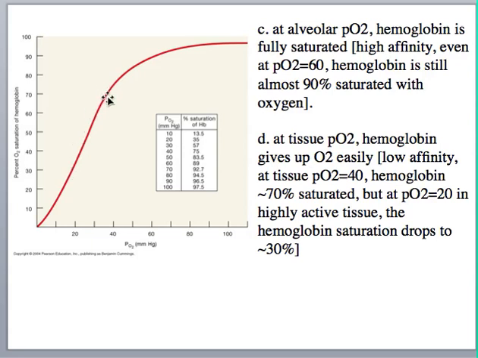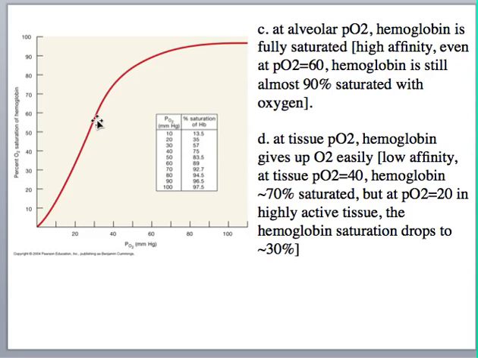So we're in the steep zone here. Okay, let's leave that as it is. The point that I want to make is that at tissue PO2, which is fairly low, hemoglobin will give up oxygen easily.